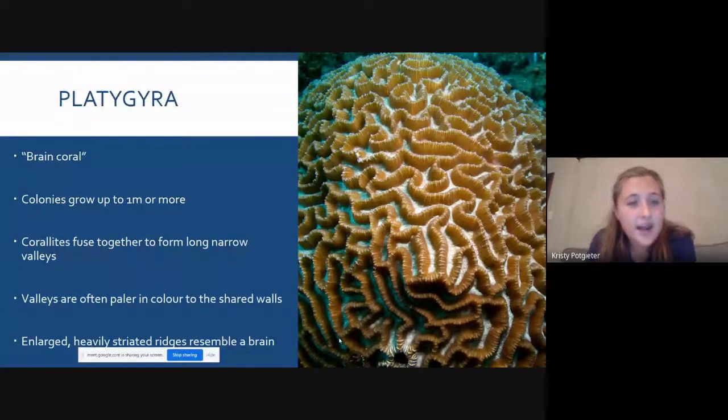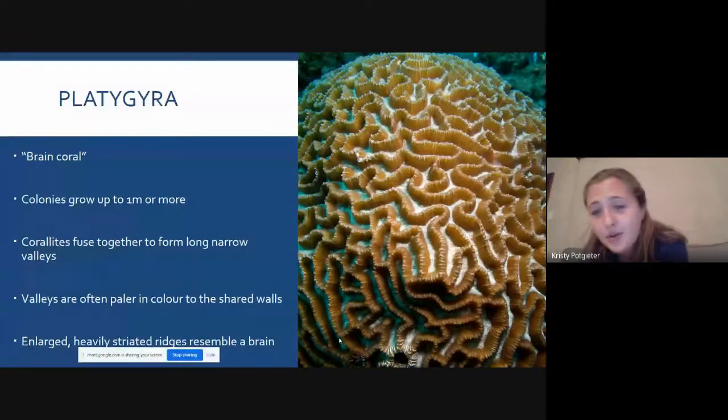So Platygyra is our next one. This one is quite obviously called brain coral. It's quite easy to see why it's called brain coral. Those striated ridges resemble a brain, okay? We've got a couple of coral genera that actually look very similar to Platygyra, so it can be quite difficult to identify Platygyra compared with the other ones.